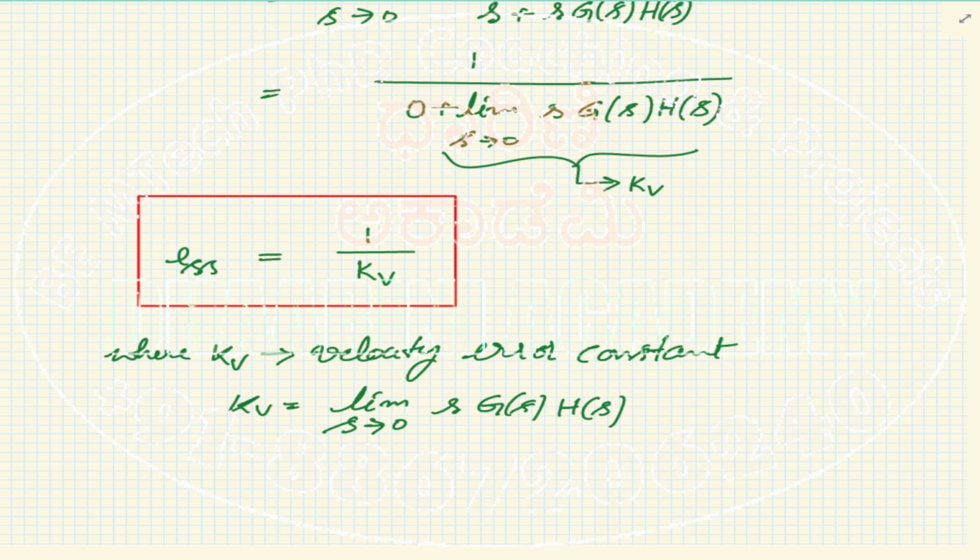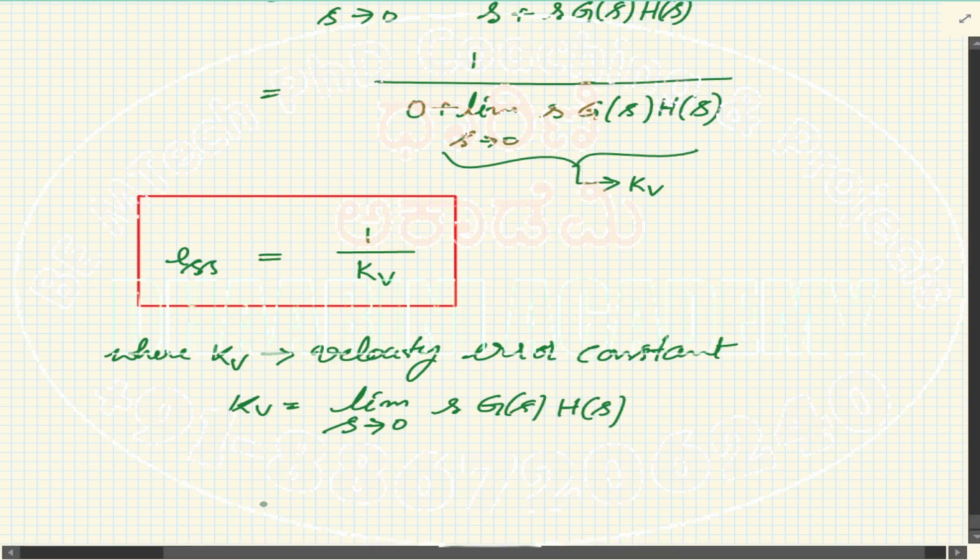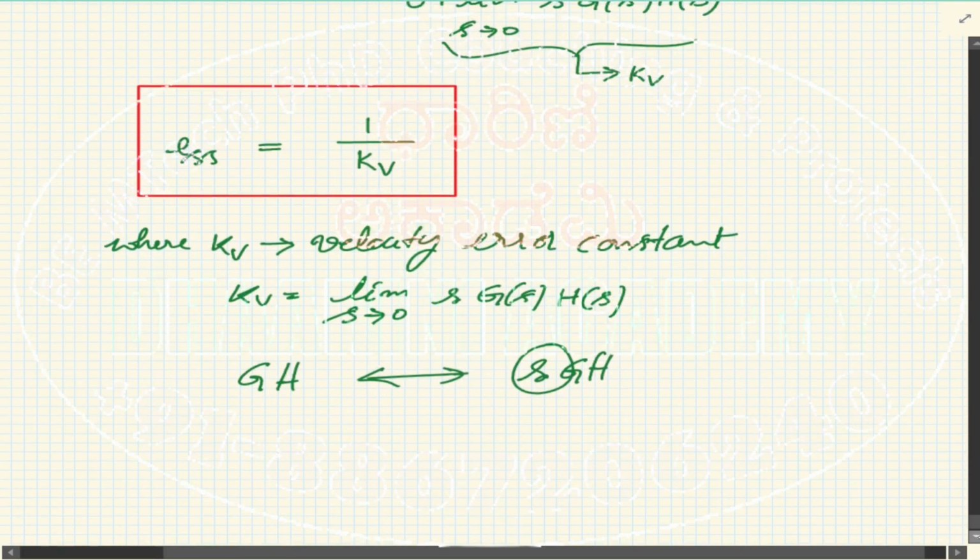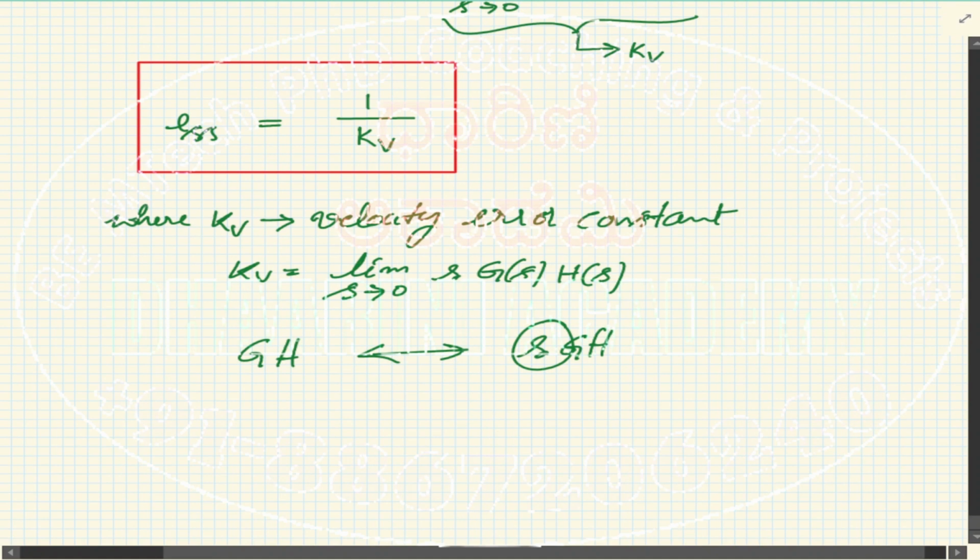You see the relationship is that Kp you are calculating simply as limit s tends to 0 of g into h, whereas Kv you are calculating s into g into h. Now, how are they related? What is s? When you multiply by s in the s domain, what exactly happens in the time domain?